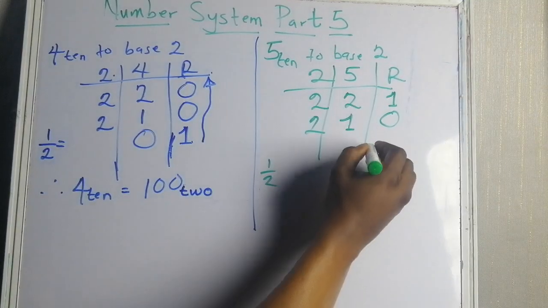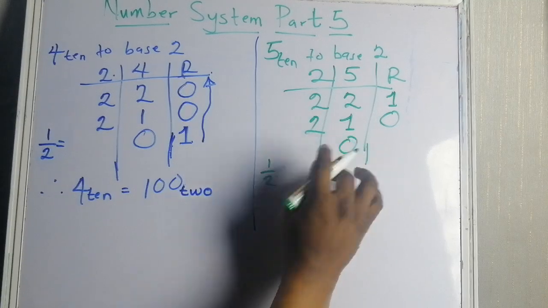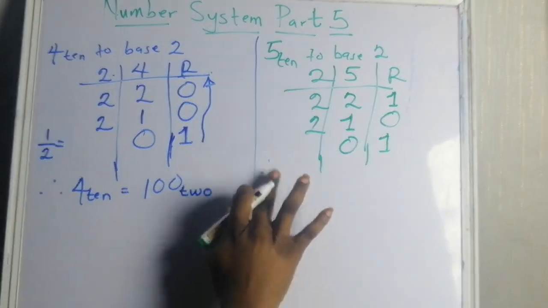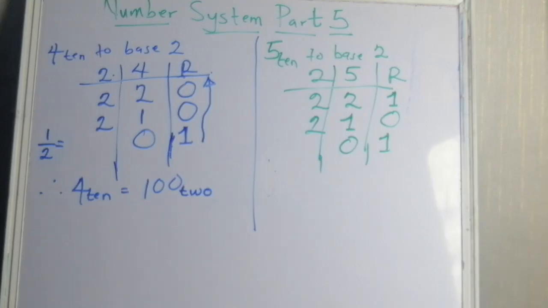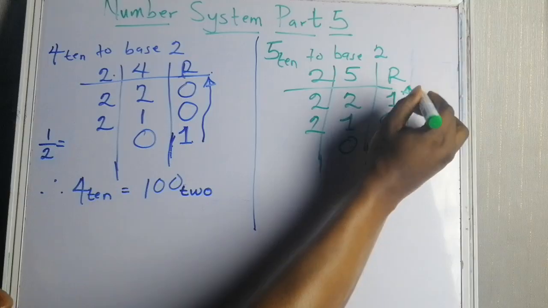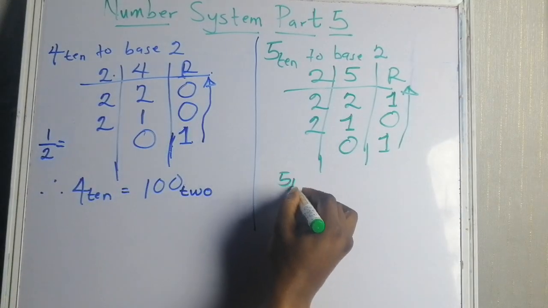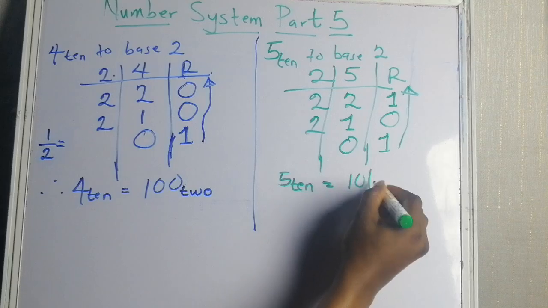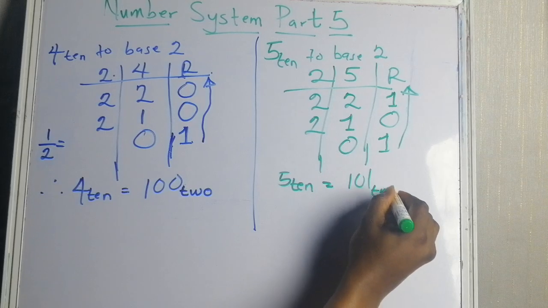So you have your 0. It's not possible, then this remainder 1, you bring it here. At the end of the day, you count from the bottom to the top. It means 5 base 10 is equal to 101 in base 2.